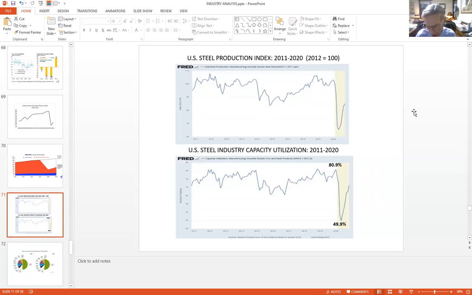You can see that capacity utilization at the lowest point here in 2020 was about 50% of the steel industry's capacity was utilized. If you're not at 80%, it's very difficult to make a profit. And you can see that this industry has had a hard time getting over 80%.